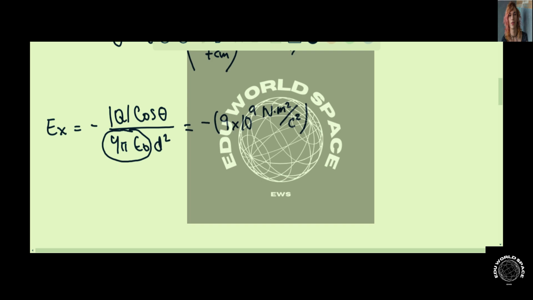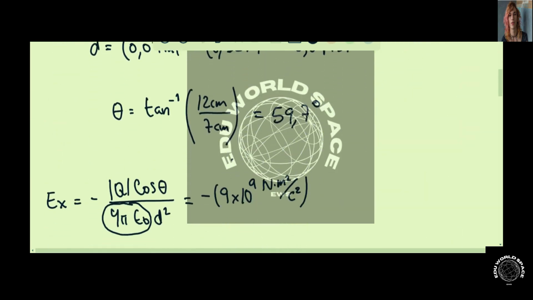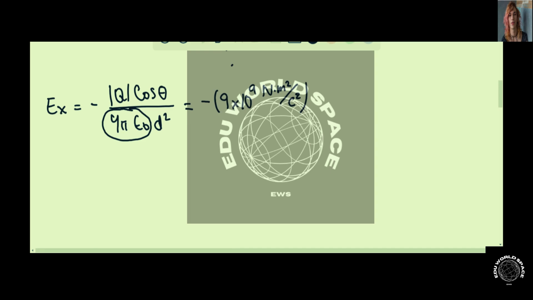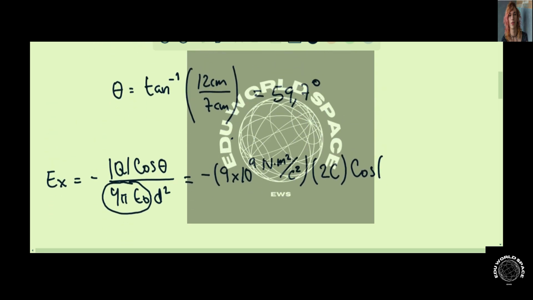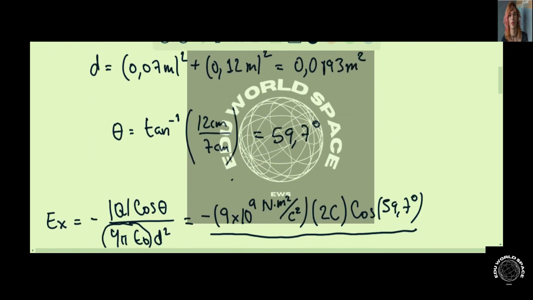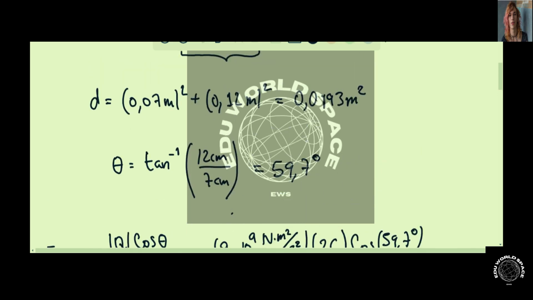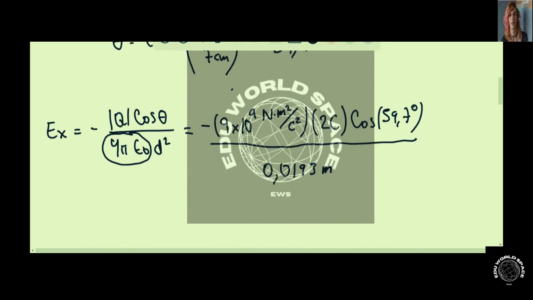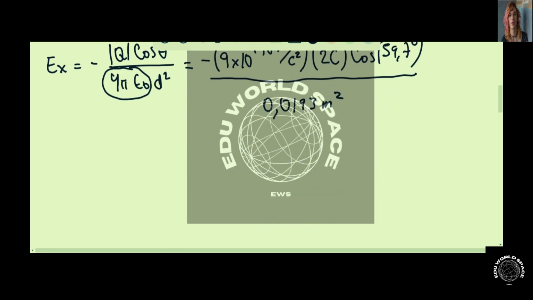We are also given the charge Q, which is, let me just say it again, minus 2Q, but in this case we need just the magnitude, so that will be 2 coulombs, cosine of 59.7 over d squared that we have calculated. It is 0.0193 meters square.